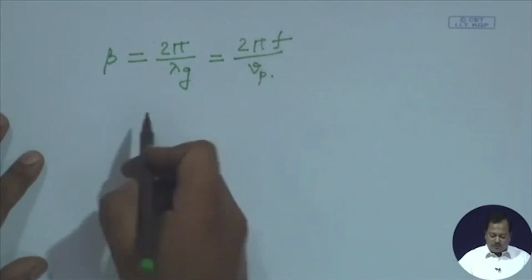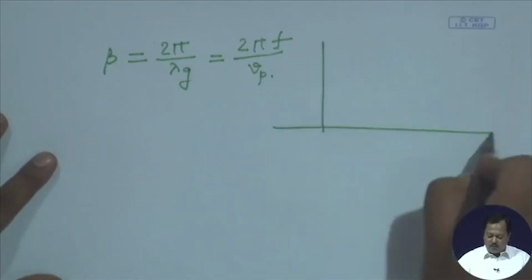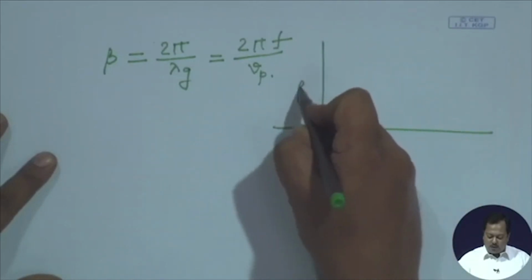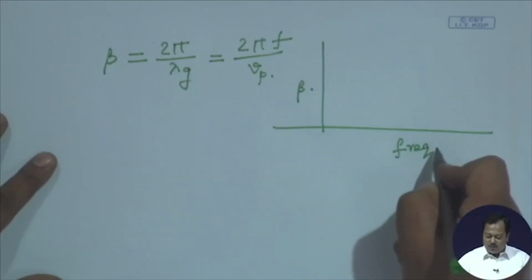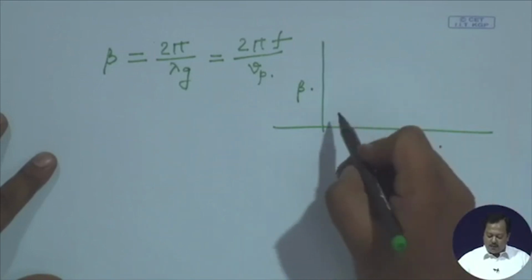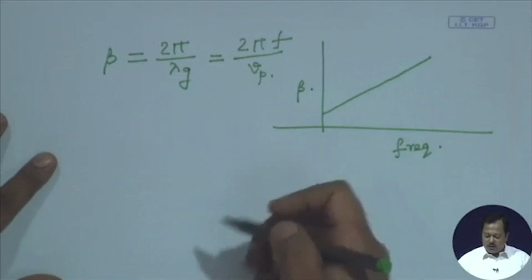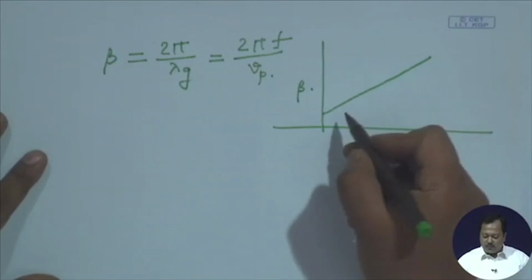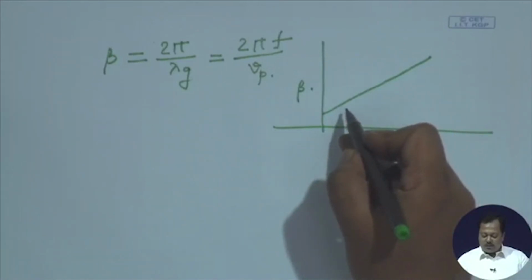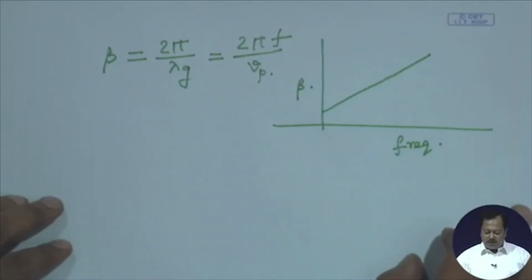Then we see ideally if I plot beta versus frequency, it should increase linearly, and if there is any deviation from this straight line, that means we have velocity as a function of frequency, we have dispersion effect.